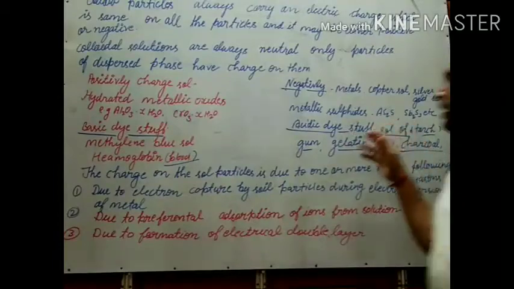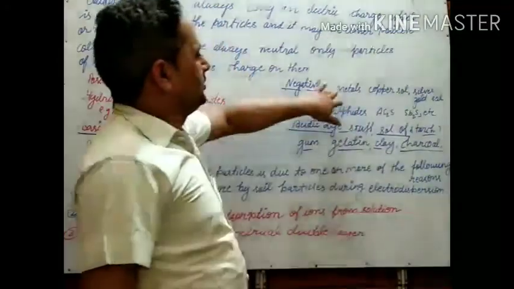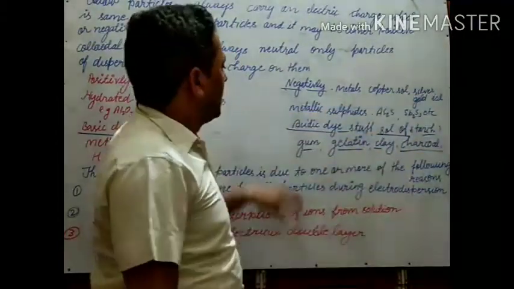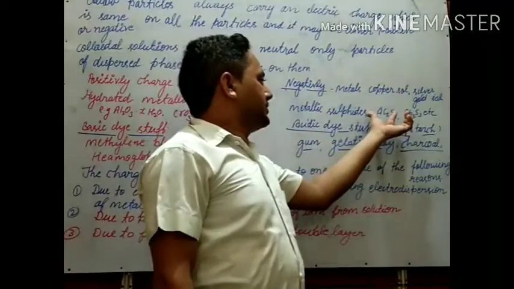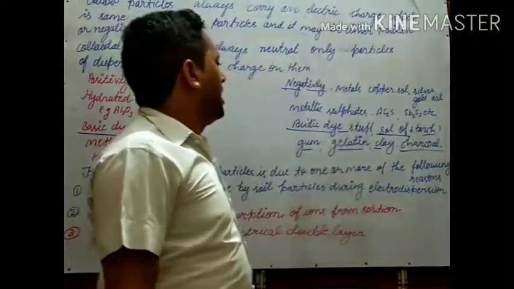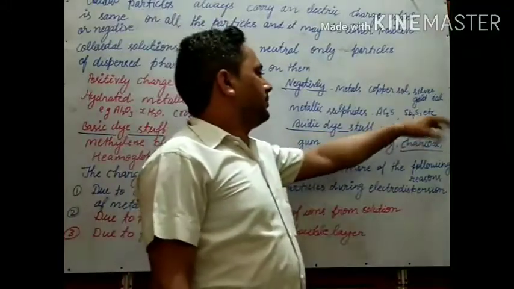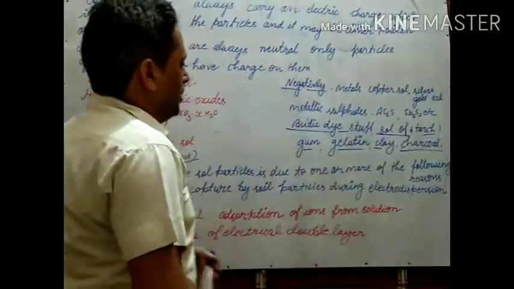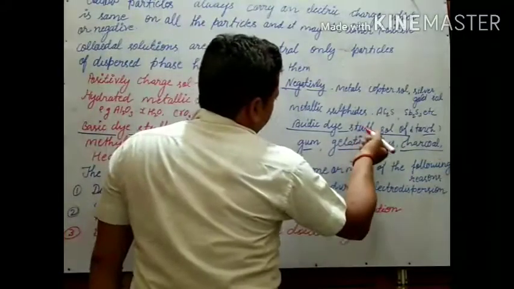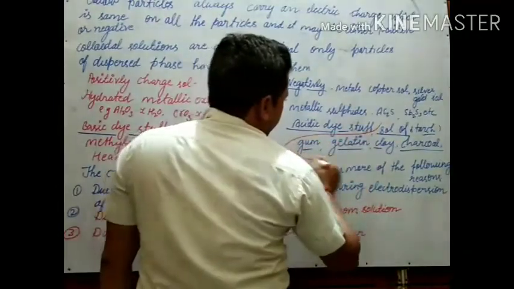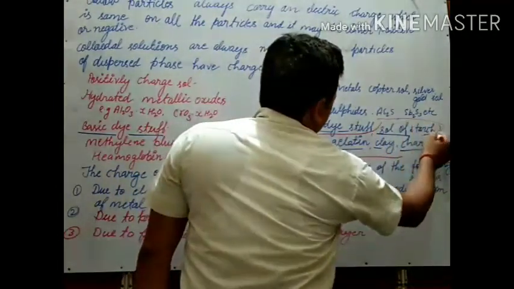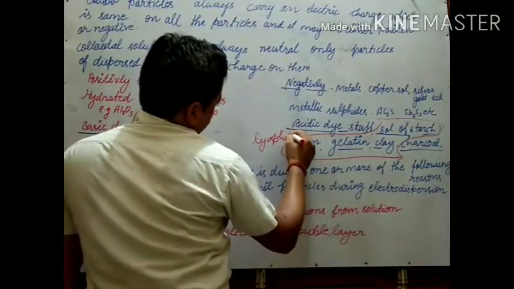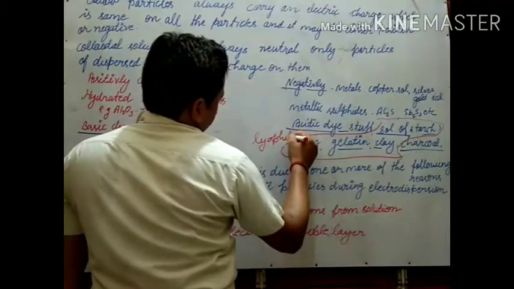Negatively charged colloids are metal, copper salt, silver, gold salt, metallic sulfides As2S3, Sb2S3, acidic dyestuffs, salts of starch, gum, gelatin and charcoal. These are examples of lyophobic colloid. What is lyophobic colloid?